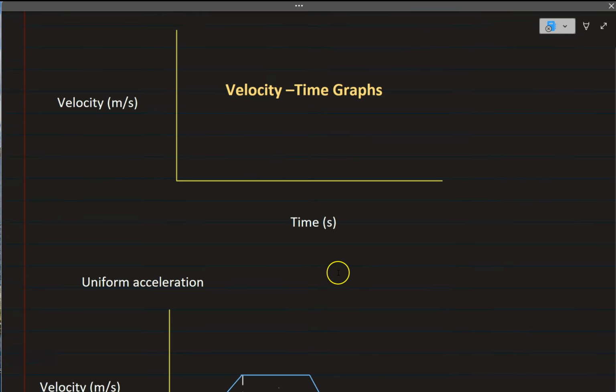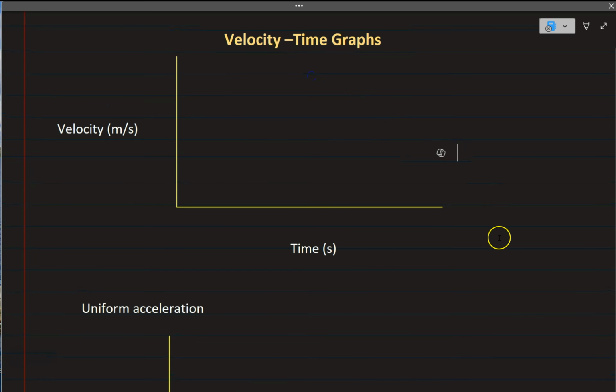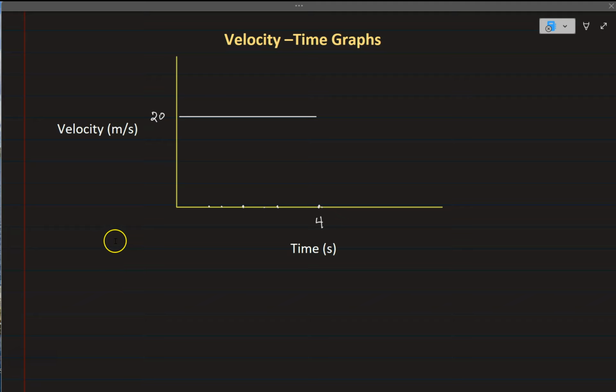Let's look at the new thing. This is the velocity time graph. Let's suppose we have this line. The first thing I want to talk about is suppose you have a velocity time graph, and this is the graph that you have. It's basically a straight line. The vertical is the velocity, that's meters per second. So at this point right here, I'm looking at an object going at 20 meters per second for 4 seconds.